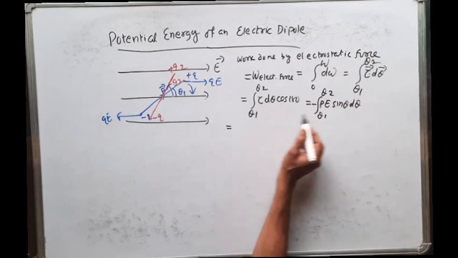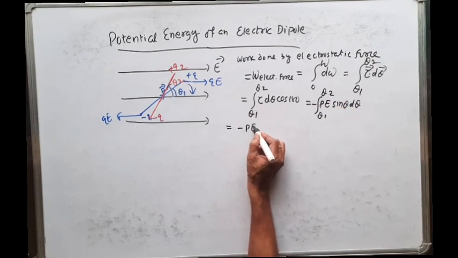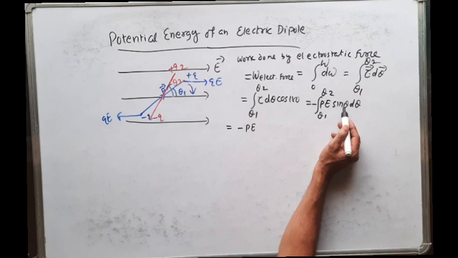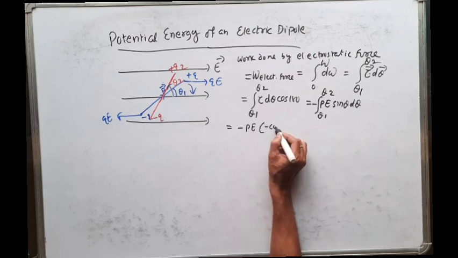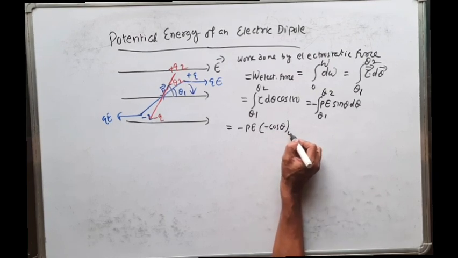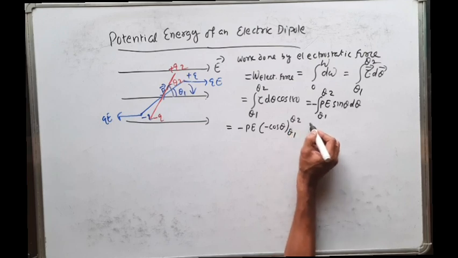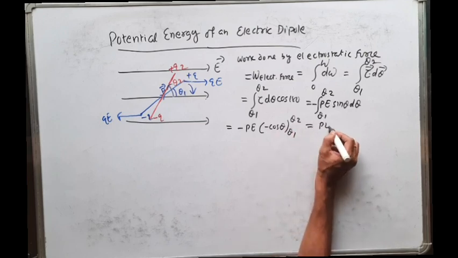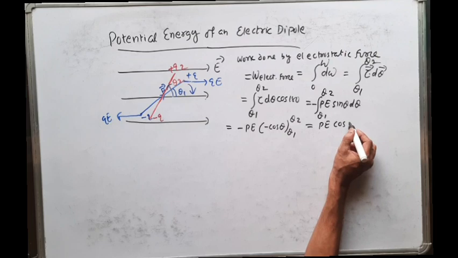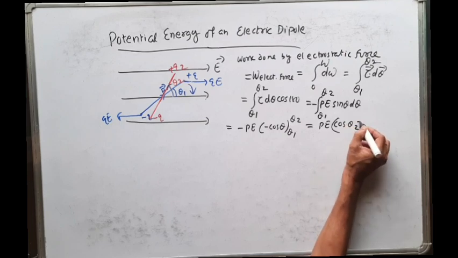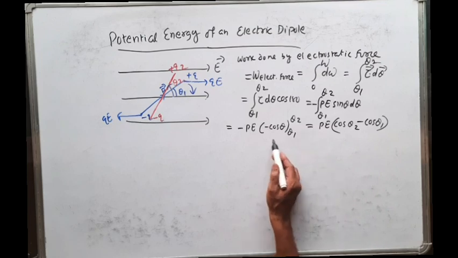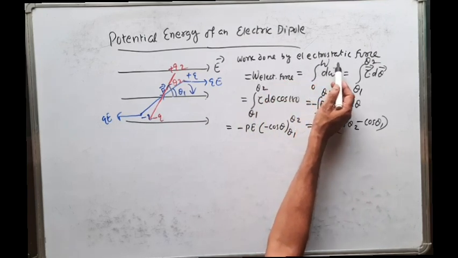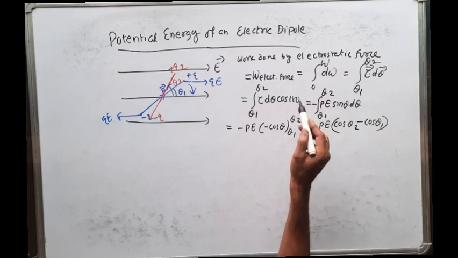So that is equal to minus pE times the integration of sin theta. What is the integration of sin theta? It is minus cos theta, with limits theta 1 to theta 2. So minus minus is plus, that is pE times cos theta 2 minus cos theta 1. So this is the work done by the electrostatic force.